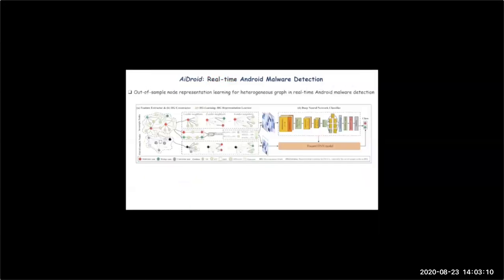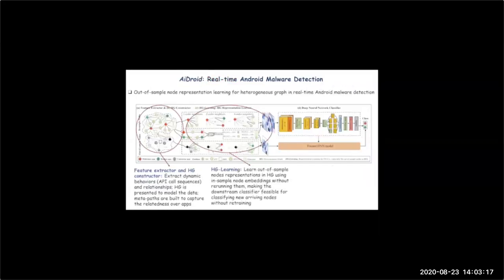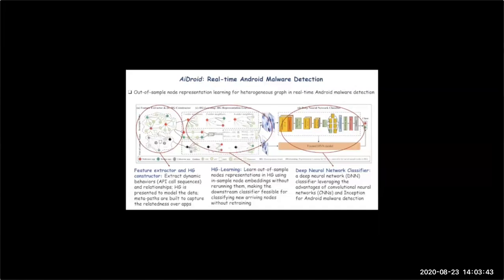So we propose a framework named AiJoy to learn out-of-sample node representation for real-time Android malware detection. The key idea is that we leverage the k-order neighbors of the in-sample nodes to represent any given out-of-sample node. In this way, we don't need to rerun the embeddings, and this also makes the downstream classifier feasible for classifying newly arriving nodes without retraining. If you are interested in this work on out-of-sample node representation learning in heterogeneous graph, you can refer to our paper in ICDM 2019, AiJoy.